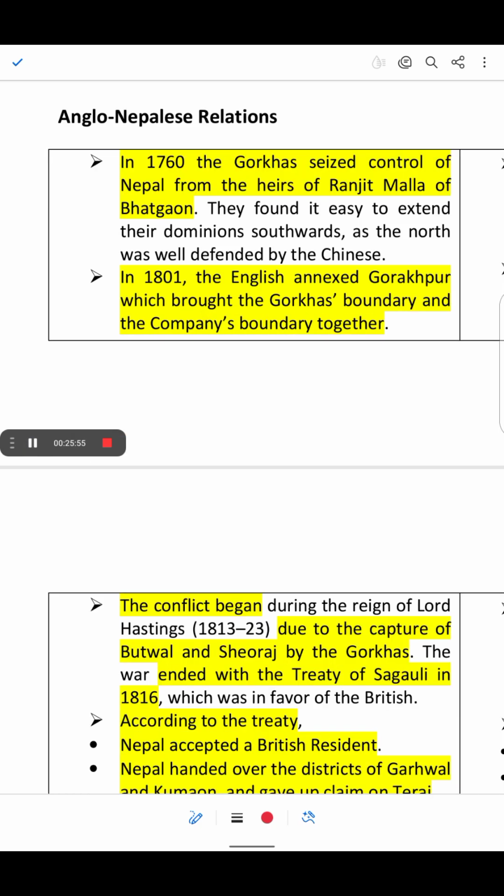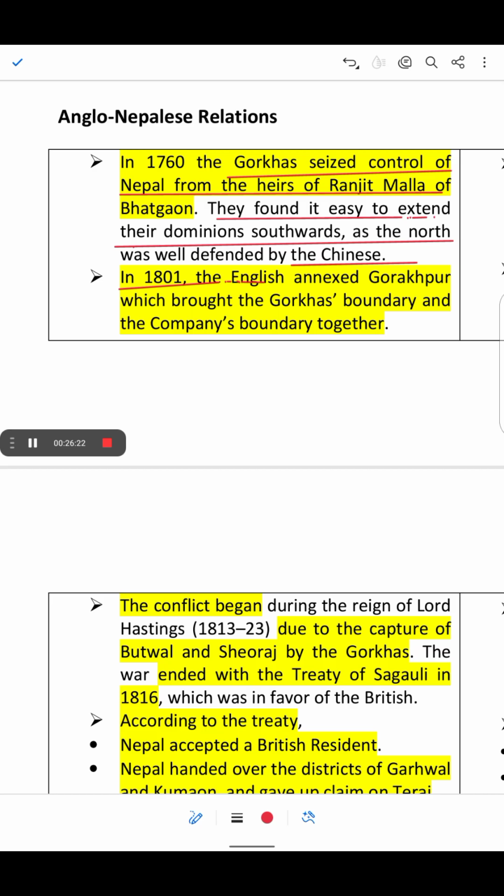Anglo-Nepalese relations. In 1760, the Gorkhas seized control over Nepal from the heirs of Ranjit Malla of Bhadgaon. They found it easy to extend their dominion southward as the north was well defended by the Chinese.